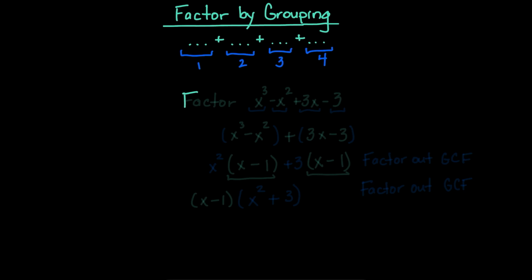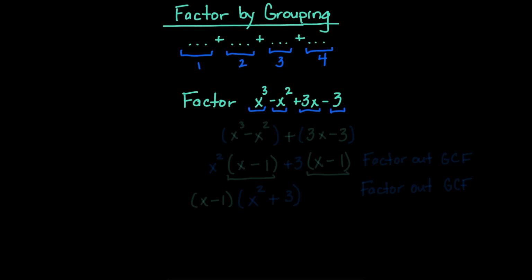Let's look at factoring x to the third minus x squared plus 3x minus 3. When I first look at my expression, I have 1, 2, 3, 4 terms.